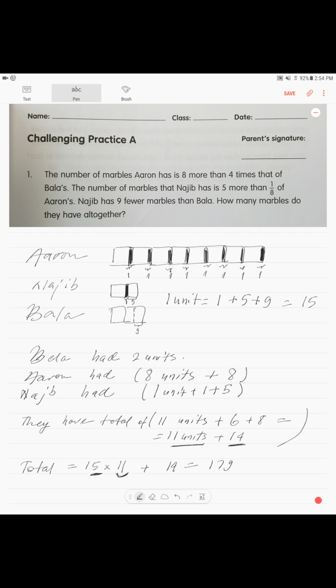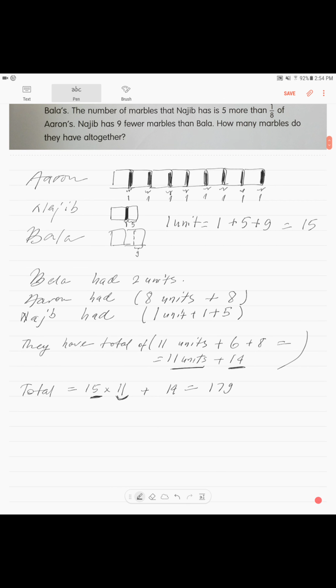Now, if we look through this again, how many does each of them have? For example, Bala has 2 units. 2 units is 15 times 2, which is 30 marbles.